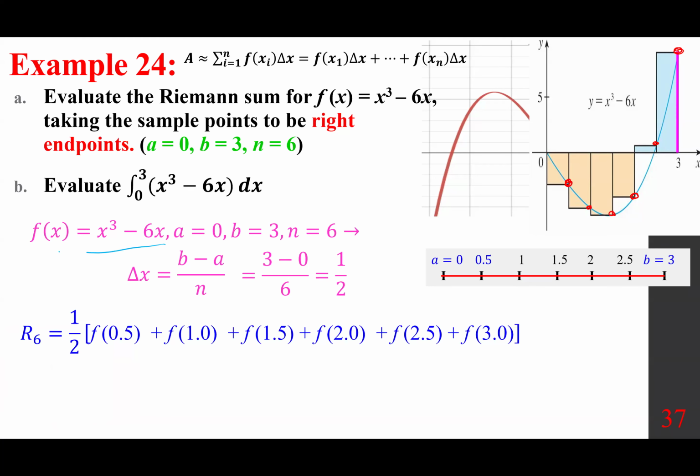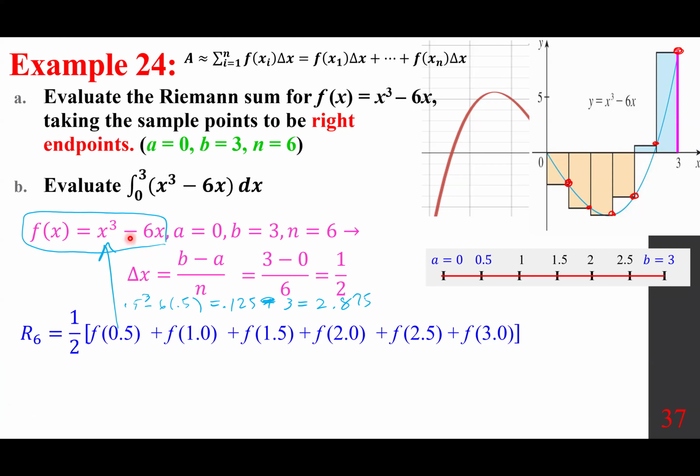You're going to put 0.5 into this function. So 0.5 cubed minus 6 times 0.5, just to give you an idea. 0.5 cubed is 0.125. That one is minus 3. You get negative 2.875. It's just an example.